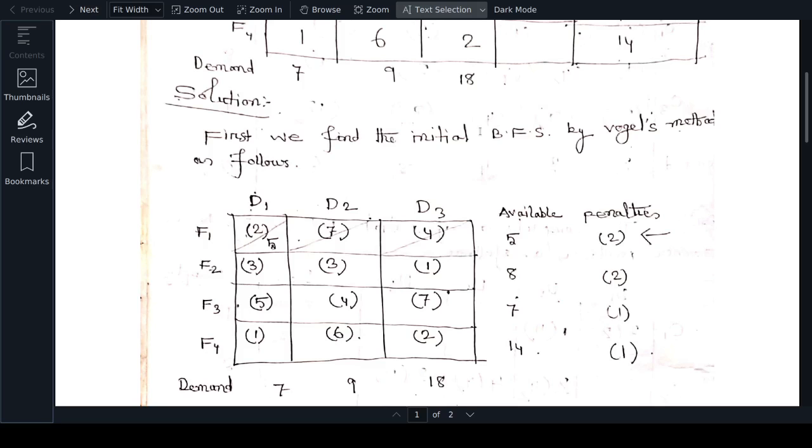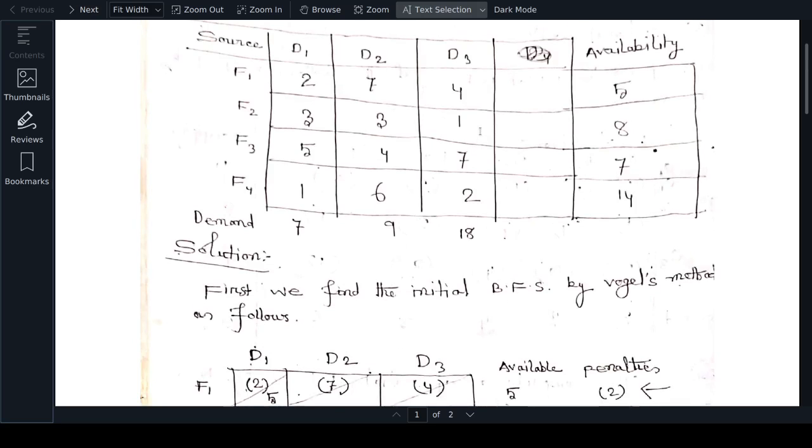That means cell 1,4 will be 0, cell 2,4 will be 0, cell 3,4 will be 0, cell 4,4 will be 0. Cell 4,4 means fourth row, fourth column. So in this way we make it balanced, right?